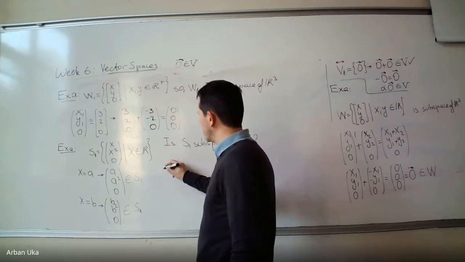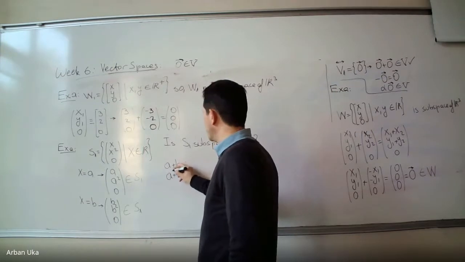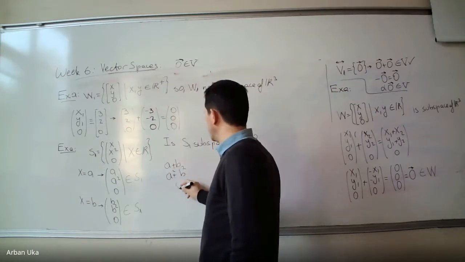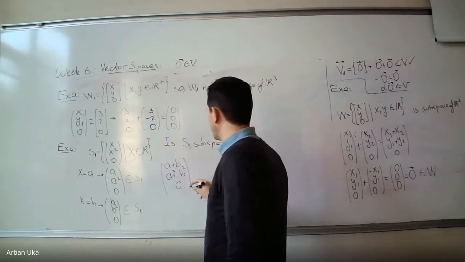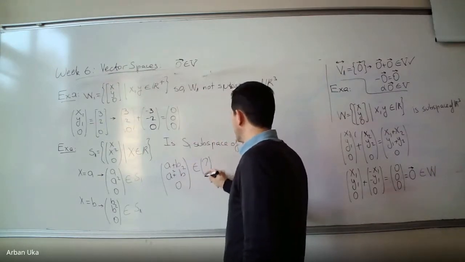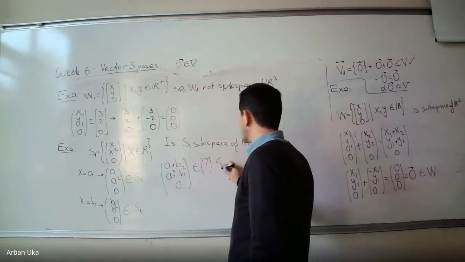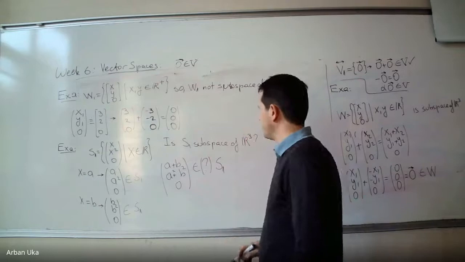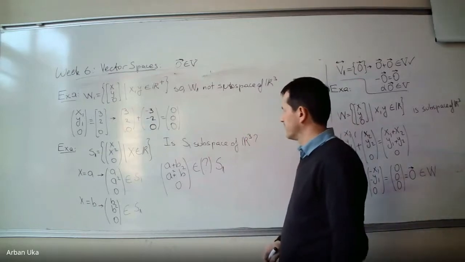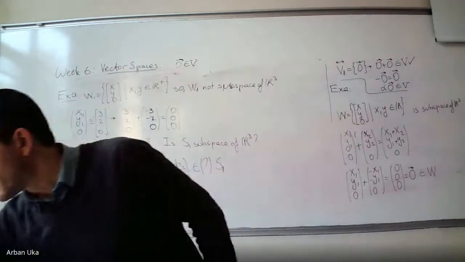So if we add them, we would get a plus b, a squared plus b squared, and 0. Now the question is, is this element in S1? What do you think?